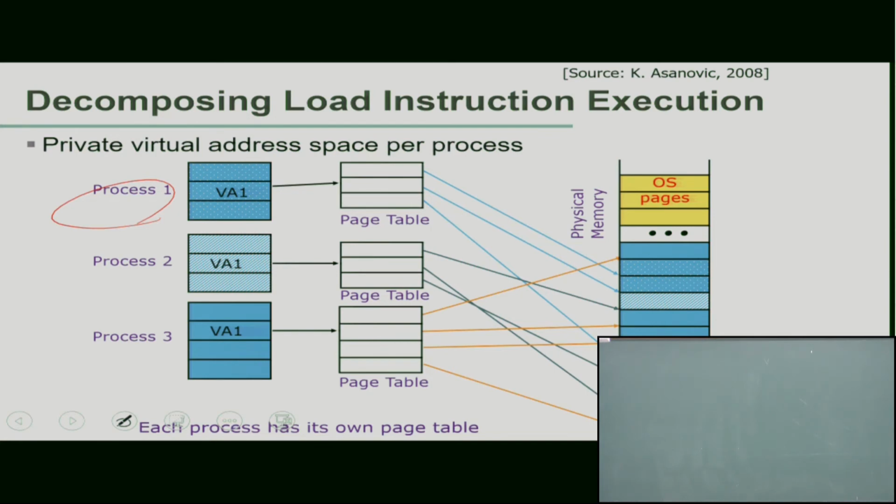The space cost for these page tables can be very large. And the page table is too big to be held in cache. So usually you put the page tables in main memory.